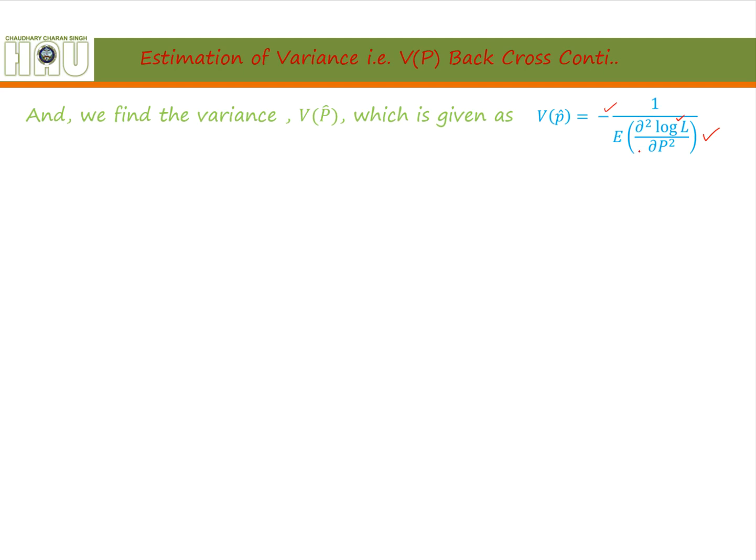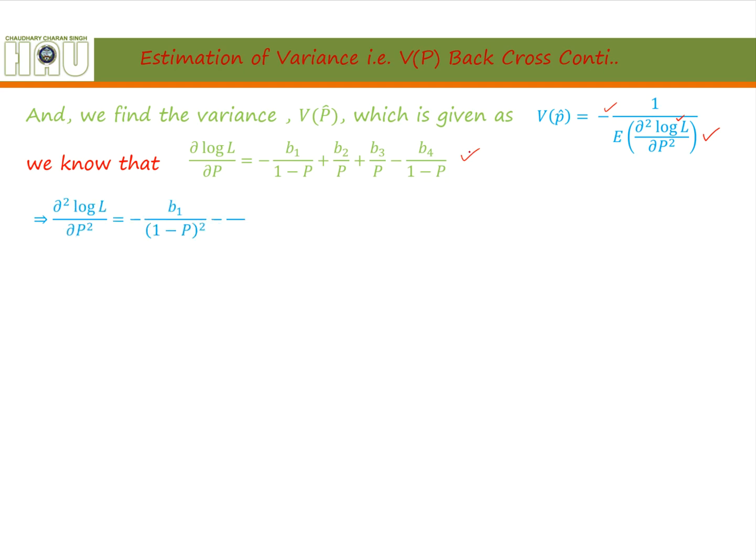So this will give us the variance. We know that the derivative of log L we have obtained is this. Very simple. Now again differentiate it with respect to P, so I will get the second derivative of log L with respect to P square.